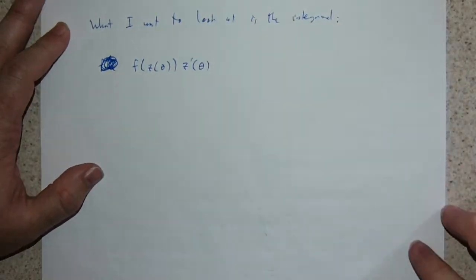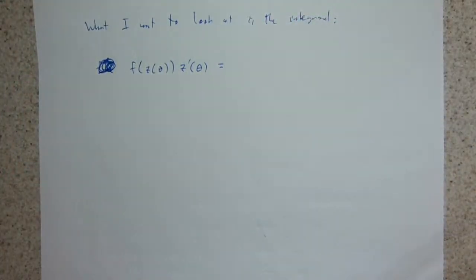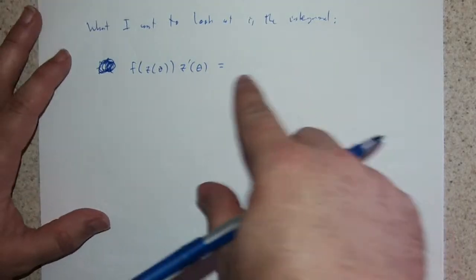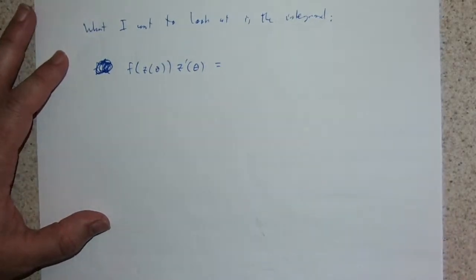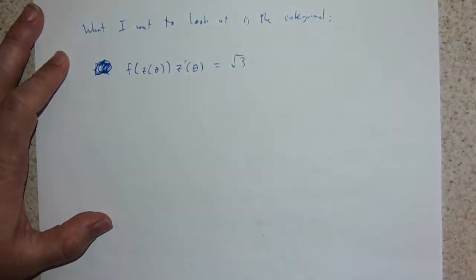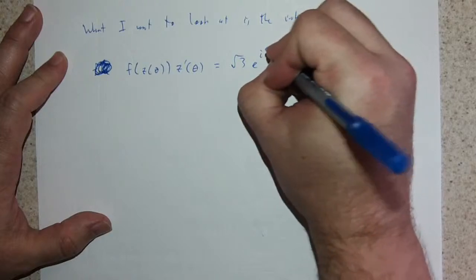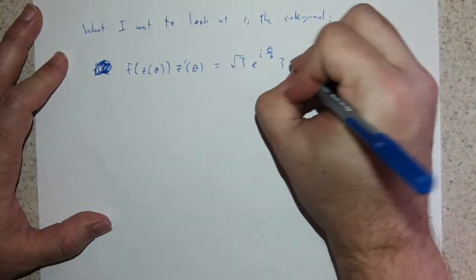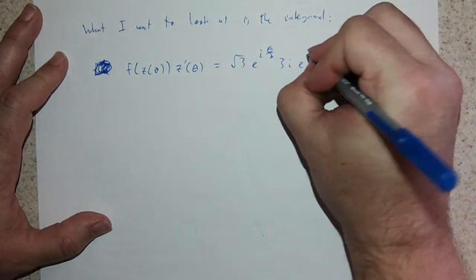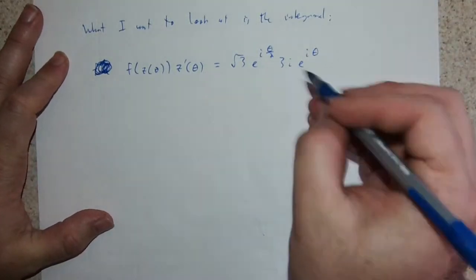So what is this? Well, z prime of theta, of course, is just 3i e to the i theta. So using these things together, this is square root of 3 e to the i theta over 2 times 3i e to the i theta. That's z prime of theta. So what is this if I use Euler's formula?